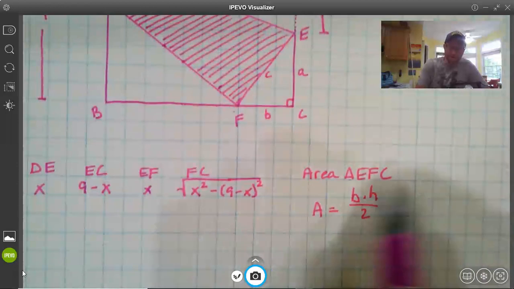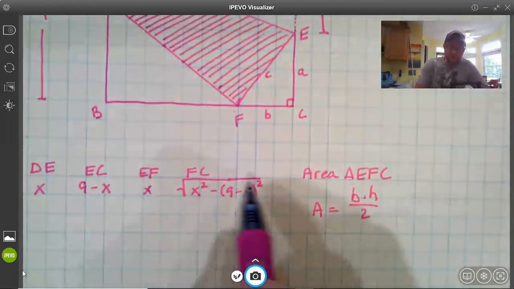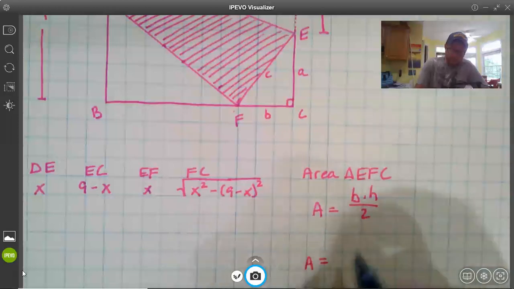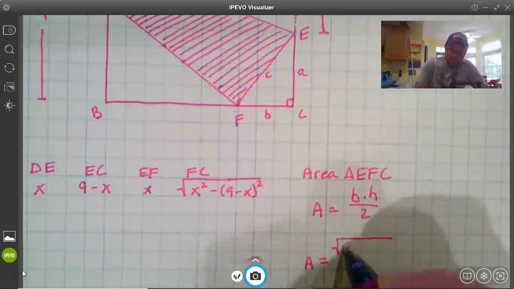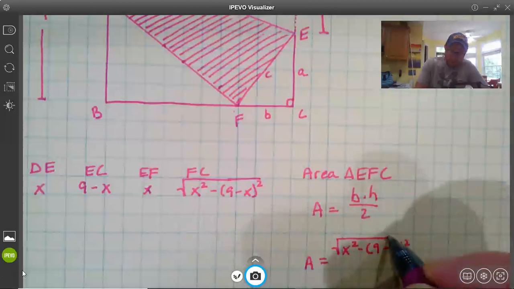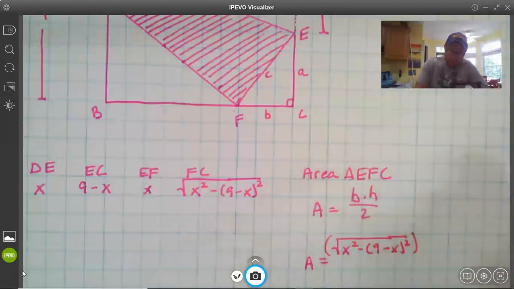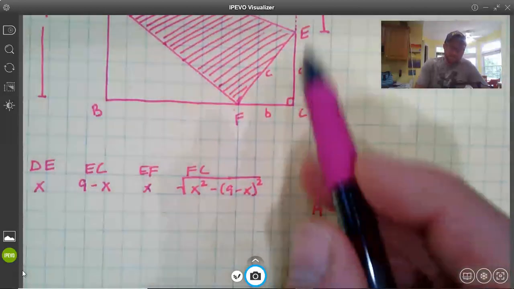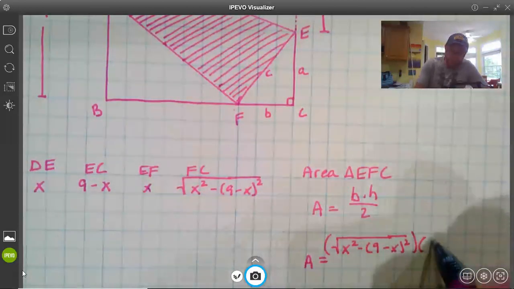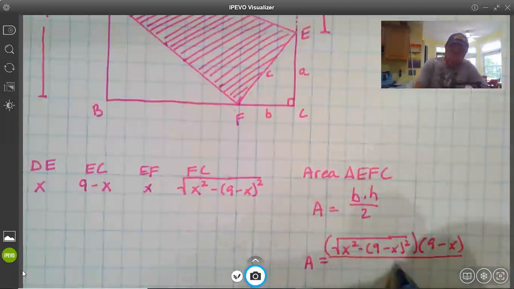And the base of this triangle is FC, this formula here, which is the square root of x squared minus (9 minus x) squared, that whole mess, times the height, that's a right here, which is just 9 minus x, and divide that by 2.